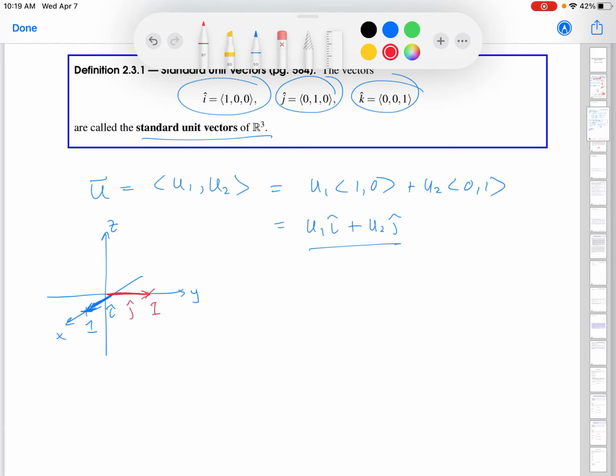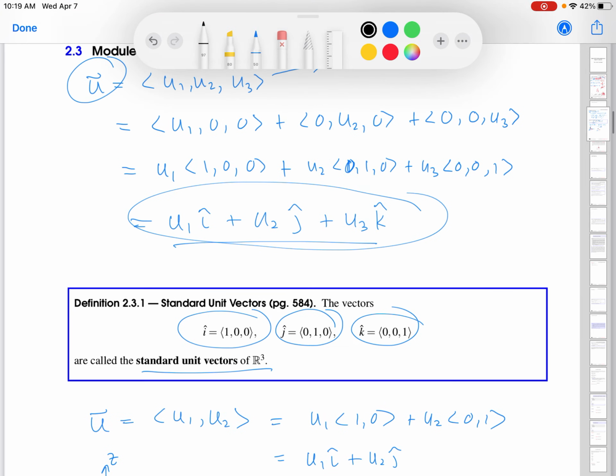And then I have k hat, the vector that goes 1 unit in the z direction. So I have this nice trio of vectors that do exactly all of the work, if you will, of moving us around R3. What do I mean by that? What I mean by that is up here.